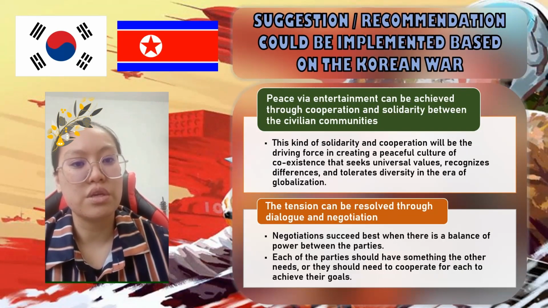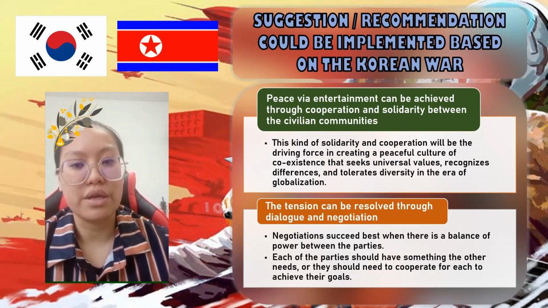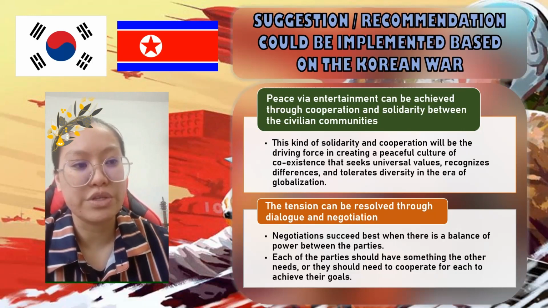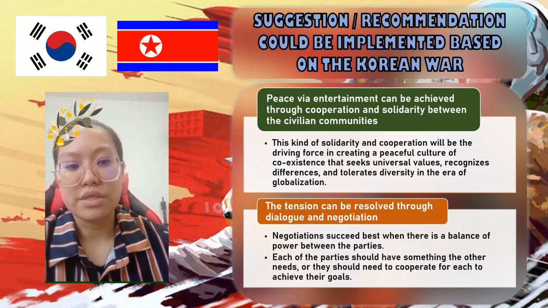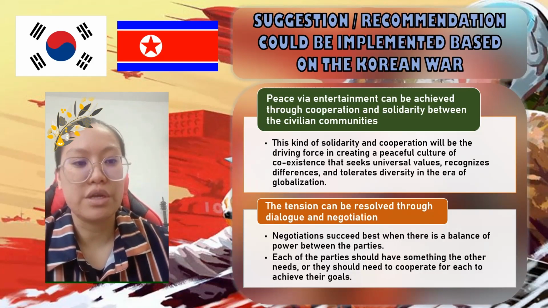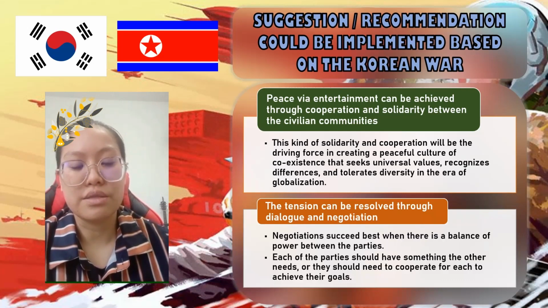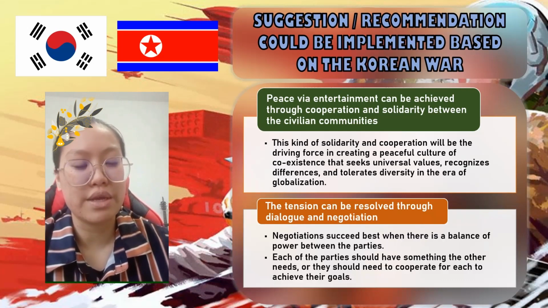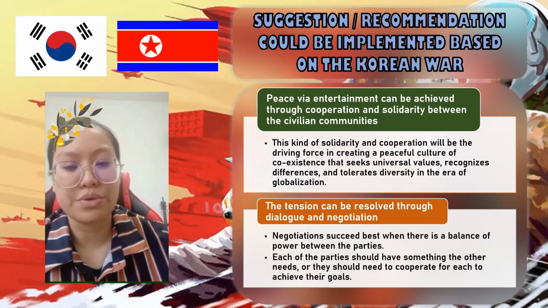Negotiation succeeds when there is a balance of power between two parties, and when negotiation between South Korea and North Korea is achieved, it will help to reduce the impact or trigger of the war. Therefore, if South Korea and North Korea want to make things less tense between them, they need to start talking and negotiating in a way that is based on mutual respect.